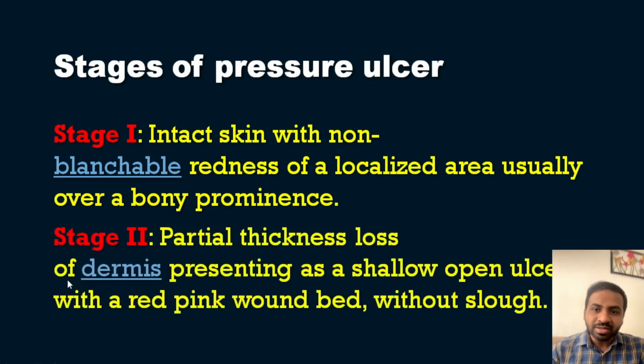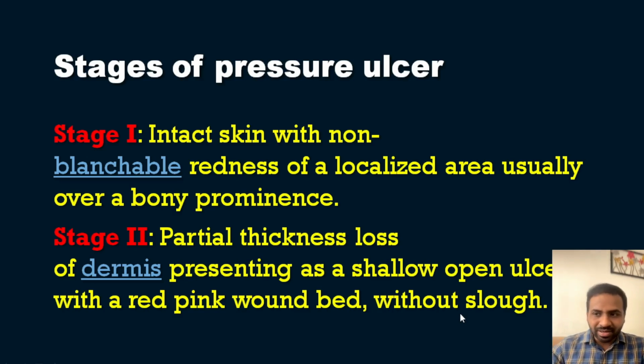So then what about stage 2? The question was regarding stage 2. In stage 2, we can see that there will be partial thickness loss of the dermis, presenting as a shallow open ulcer with a red pink wound bed without slough.